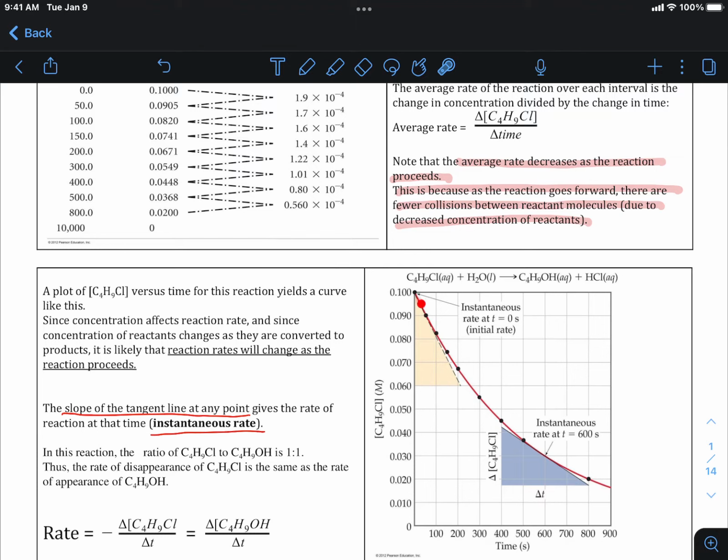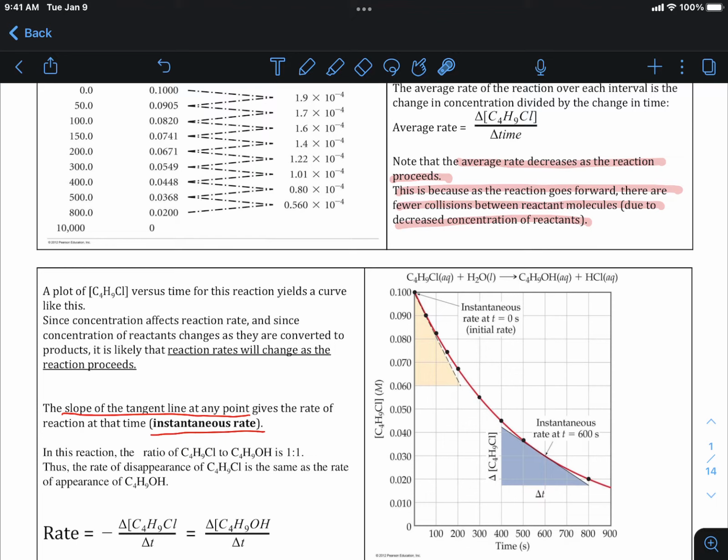So you would define kind of like an interval that you're using, right? And you would take the change in the concentration over the change in time for the line that is tangent to that point. And that is the instantaneous rate. And what you should come away with then, after doing this several times, is that the slope of the tangent line decreases in magnitude. Okay?